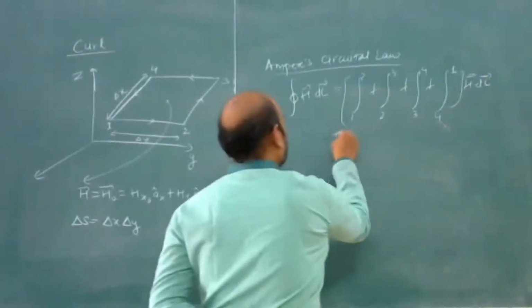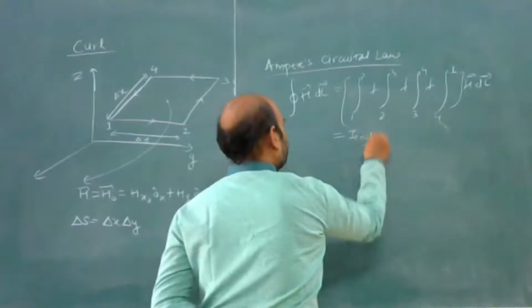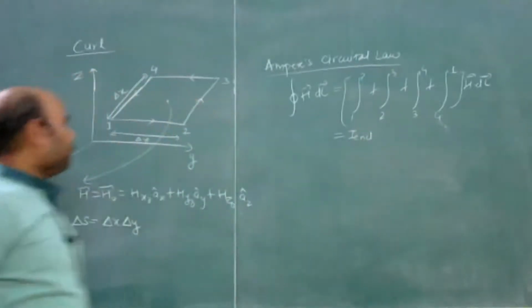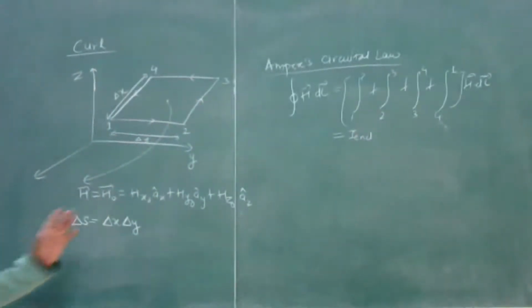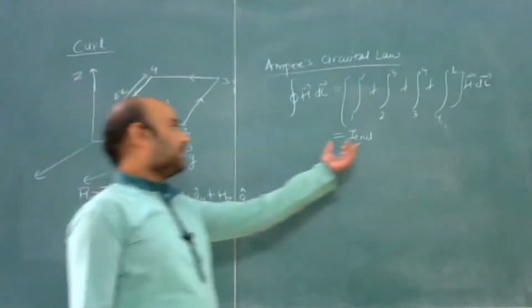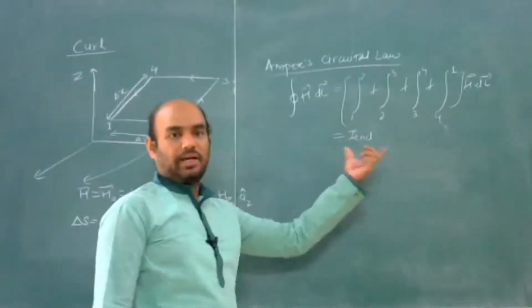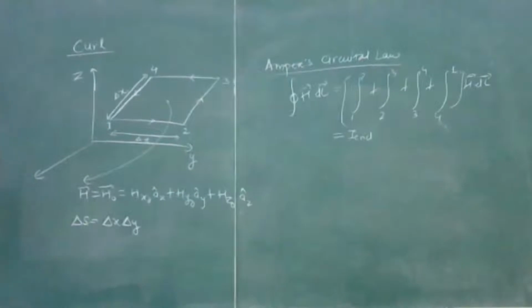This will be equal to I enclosed. We don't know the value of I here, so this I is unknown.